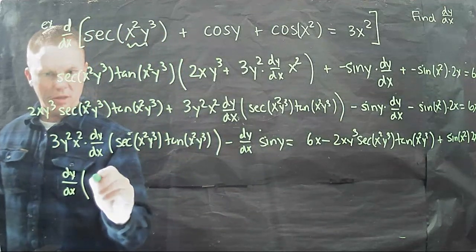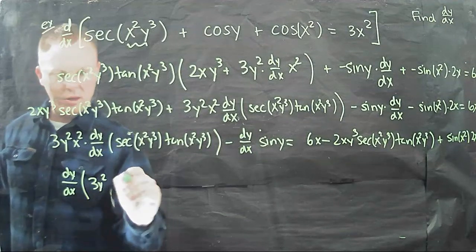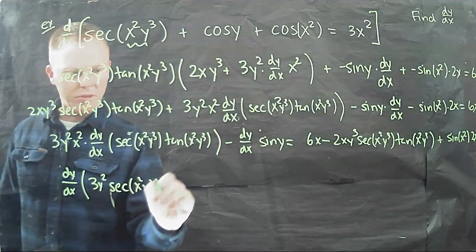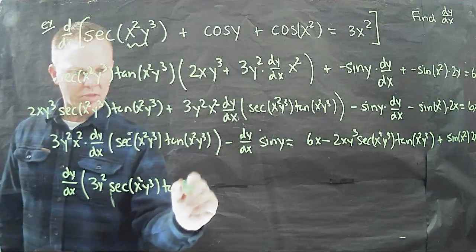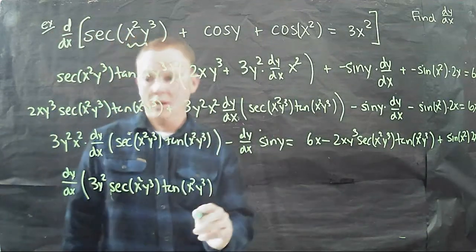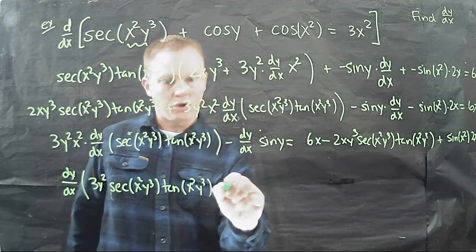So this is going to be 3y squared times secant x squared y cubed tangent x squared y cubed. Okay, this is a nasty problem. And if we can do this algebra, we could probably do any.